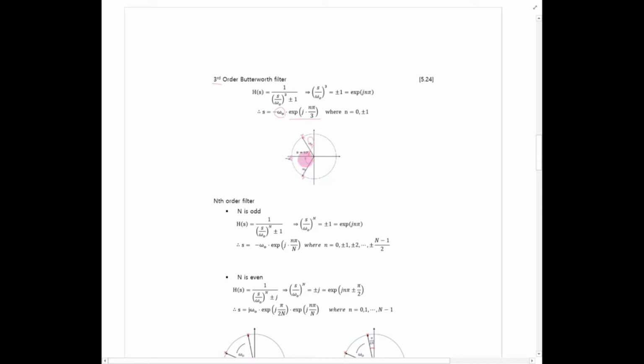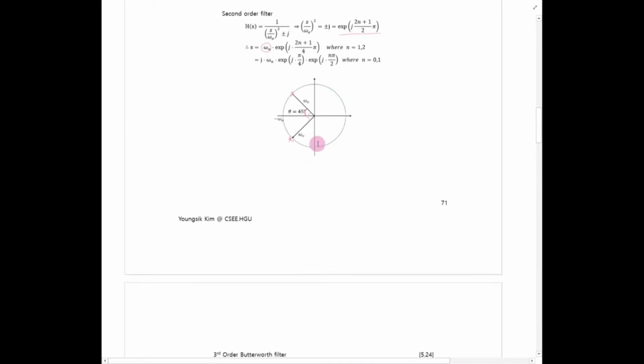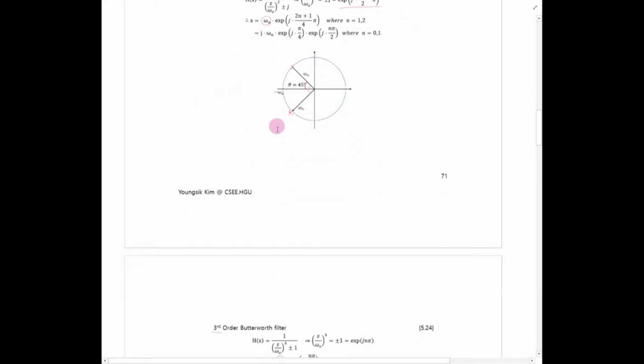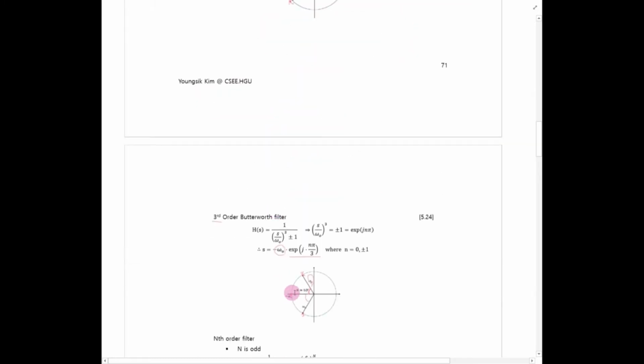The angle is important compared to the second order. In the second order case there are no real poles, just two different complex poles. In the third order, there is one real pole and two complex conjugate poles. In the first order case, it has one real pole. First order and third order commonly have a real pole.